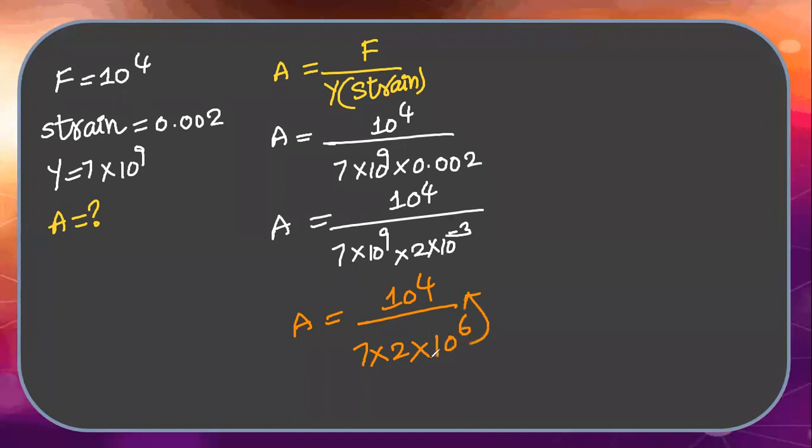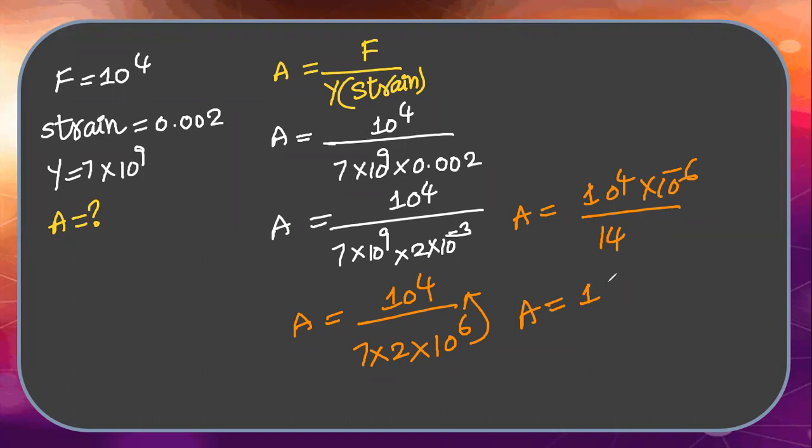If it comes to the numerator, we'll write that A is equal to 10 power plus 4 and 10 power minus 6 divided by 14. Sorry, 2 7s are 14 only. Then A is equal to 10 power minus 6, 10 power plus 4, divided by 14.